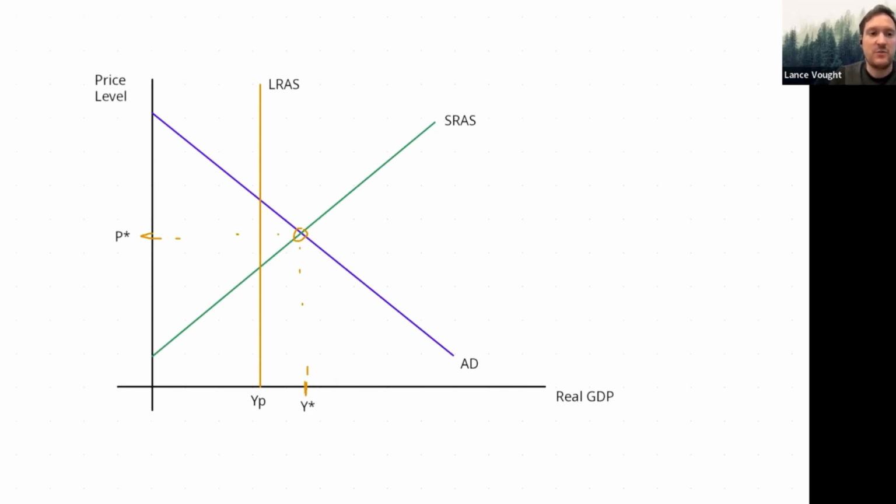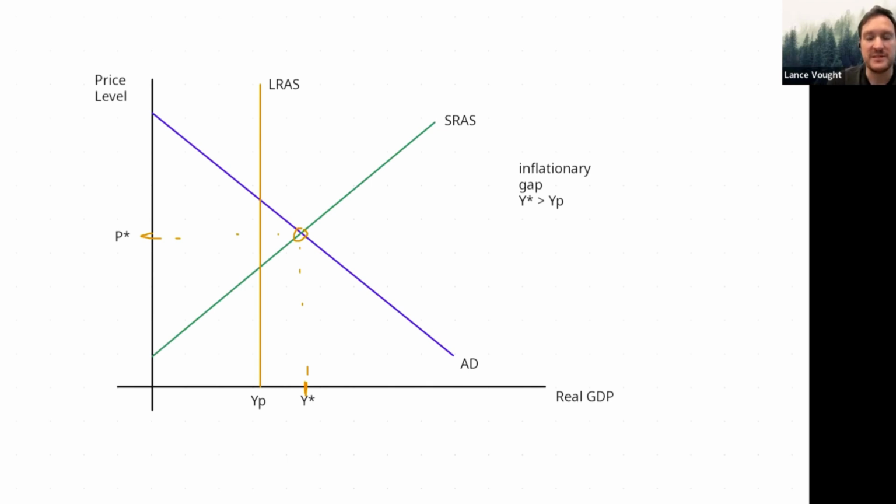Now, Y star is higher than YP, so we actually have, in this case, an inflationary gap. Which seems great that we're actually overshooting our potential GDP, but if we don't have any labor productivity increases that would cause the long run aggregate supply curve to sustainably hit that point, we're going to run into a problem at some point.